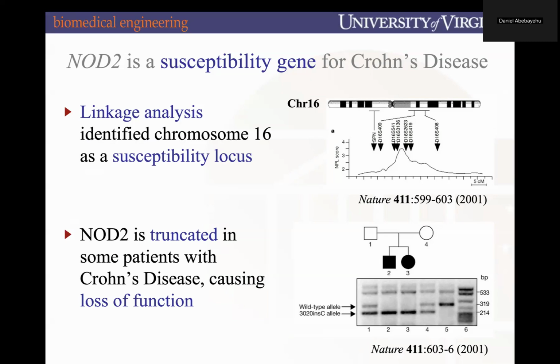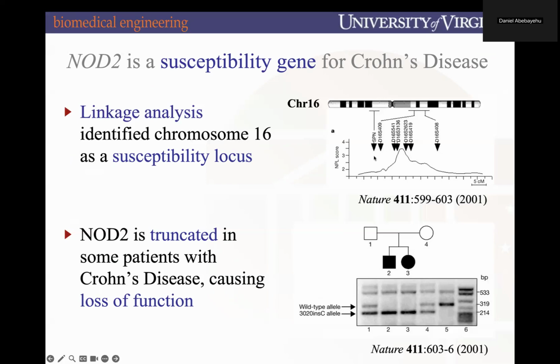There was a linkage analysis looking at genes connected to Crohn's disease, and they identified a mutation on chromosome 16 that seems to increase the susceptibility to Crohn's disease. The very next article identified that NOD2 specifically seems to have a mutation associated with Crohn's disease. Interestingly enough, NOD2 is on chromosome 16.